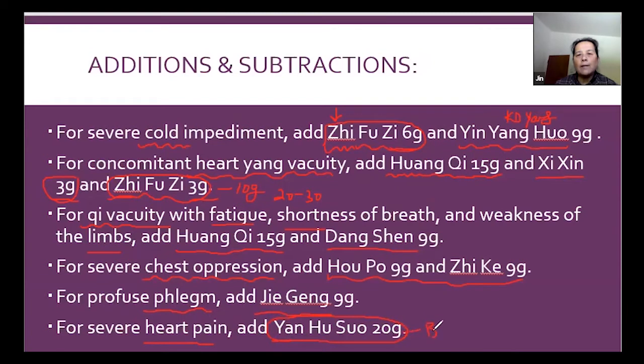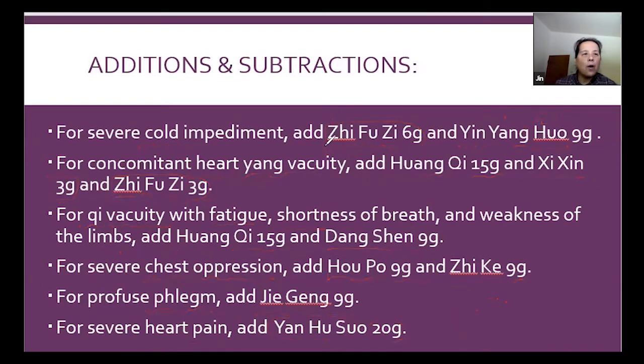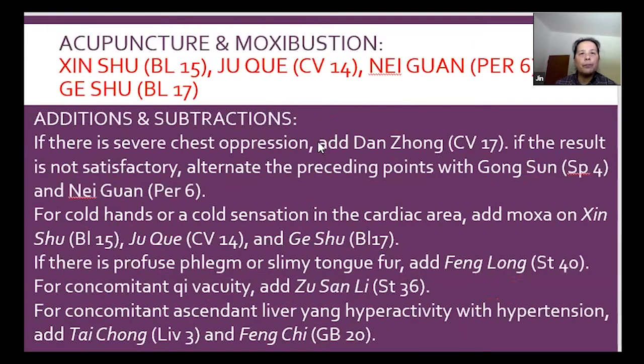We know blood stasis causes the most severe kind of pain. So we can add in 延胡索 to move blood. Generally we can call 延胡索 the painkiller in Chinese medicine. So for this severe painful situation, we can think about 延胡索. So that's the formula modifications here.